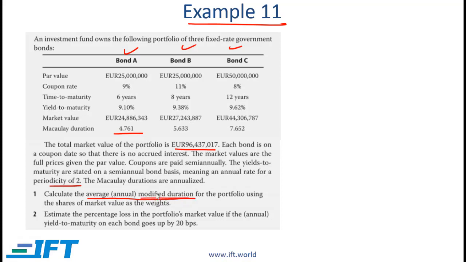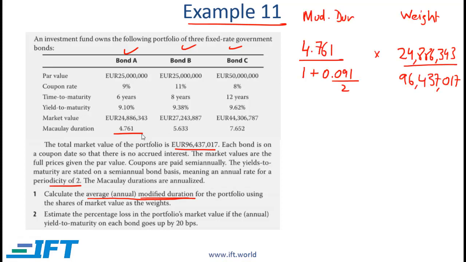And this makes things slightly tricky because what is given is Macaulay duration and we are asked to find the modified duration. So one of the things that we need to do is convert the Macaulay duration into modified duration.